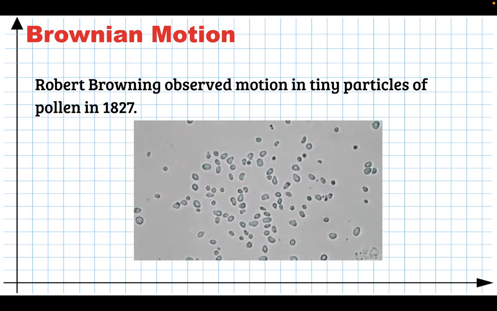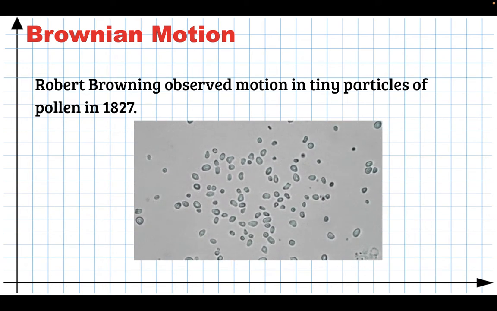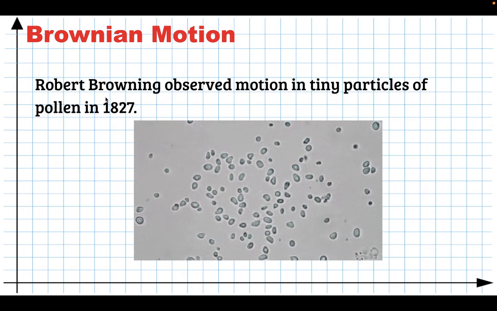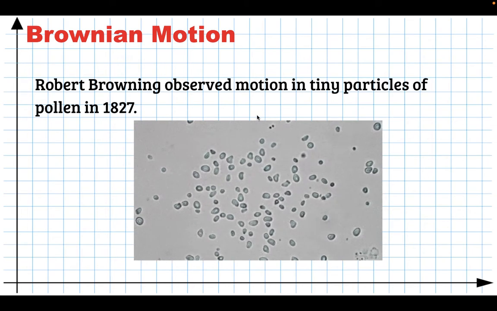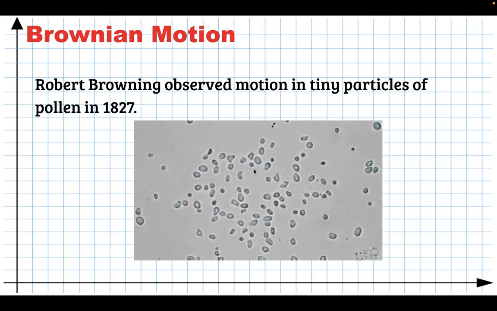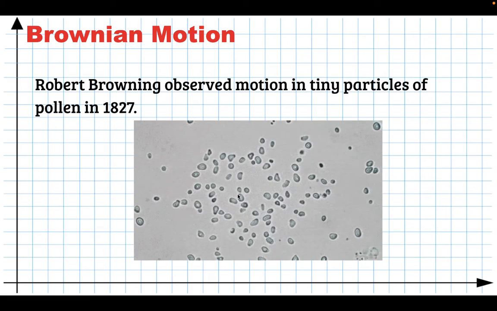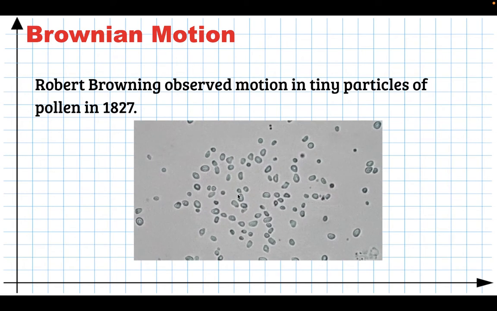So although we could quantify temperature, we really had no idea what the heck it was. So the first person to sort of get an inkling of what was going on was a guy by the name of Robert Browning. He observed tiny particles of pollen on water and noticed that under a microscope he could observe these guys jiggling or moving. And trying to explain this led scientists to an understanding of what was going on.